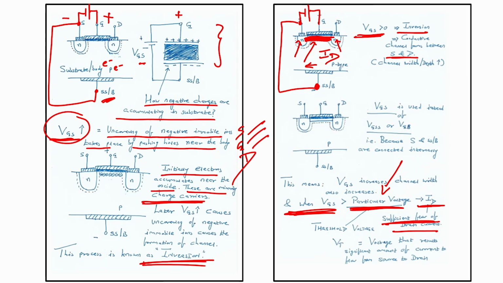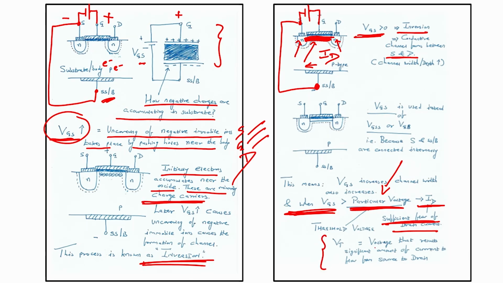The VGS should always cross the threshold voltage. In this particular case we are talking about n channel enhancement type MOSFETs. When VGS is increased greater than threshold voltage, only then will I be able to see that there is a sufficient flow of drain current. Okay, easy.